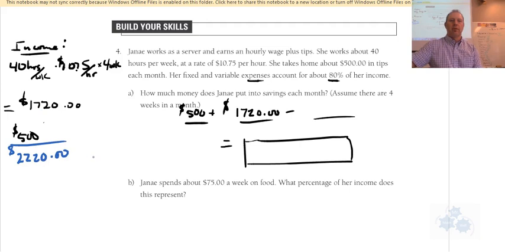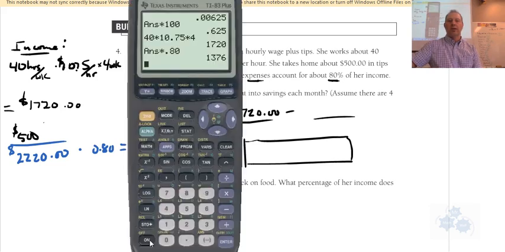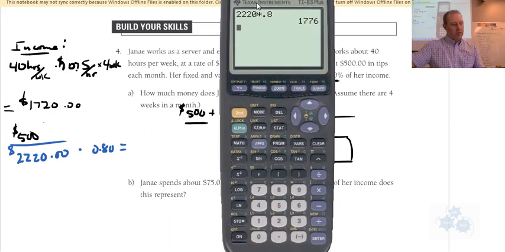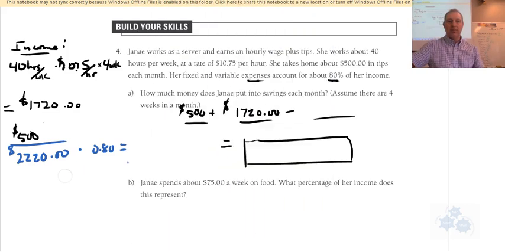Okay. So times 0.8. Let's find out what her expenses are there. So let's clear that off. $22.20 times 0.8 is going to be $17.76. So here's her expenses and here's her income.